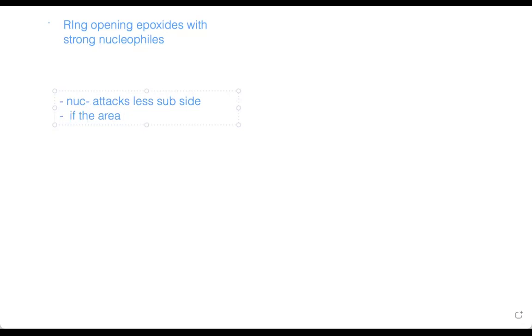Inversion is like if you have a dash, you attack it, it becomes a wedge. That's it. That's pretty much what I have in the notes. Okay, there we go. So there's a lot of reagents that could happen.